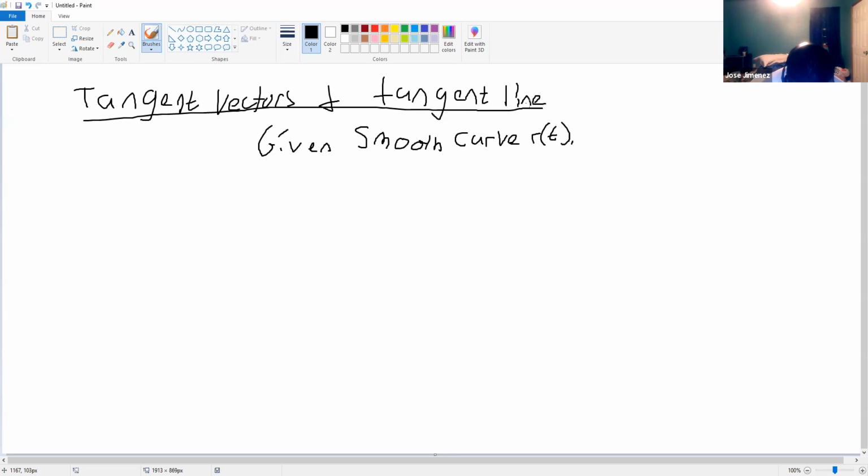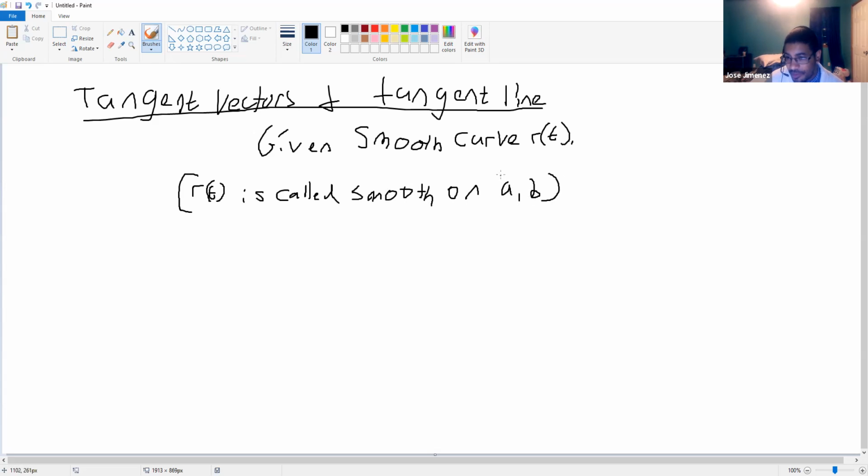Okay, so by saying given a smooth curve, just put it in a little box like this: R of t is called smooth on AB, AB being your given interval, if R prime of t is not equal to 0 on AB.